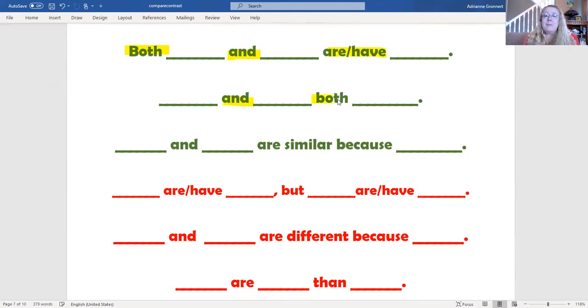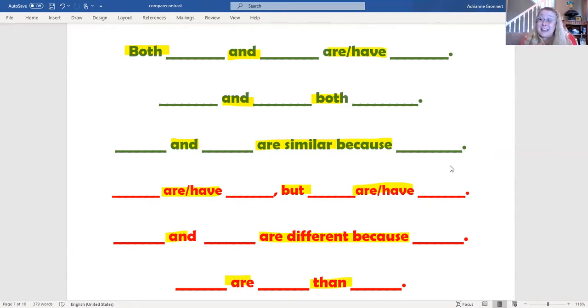Blank and blank both blank. Blank and blank are similar because. When we look at the sentence frames that help us to contrast or find differences, they say blank are or have blank, but blank are or have blank. Blank and blank are different because blank are blank, then blank.